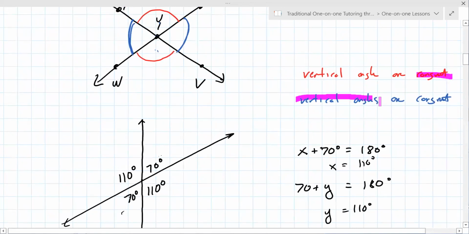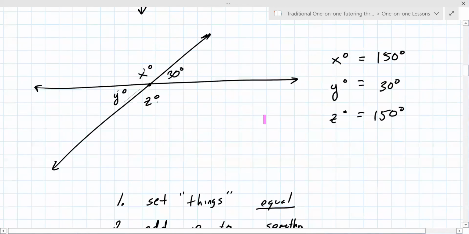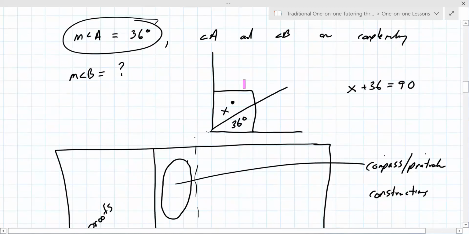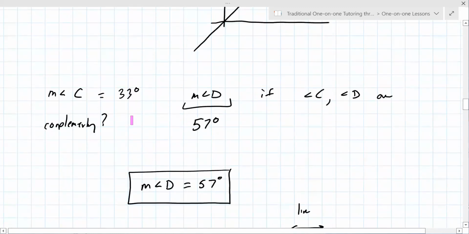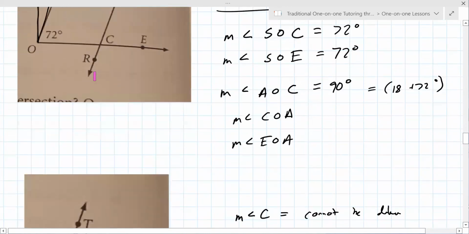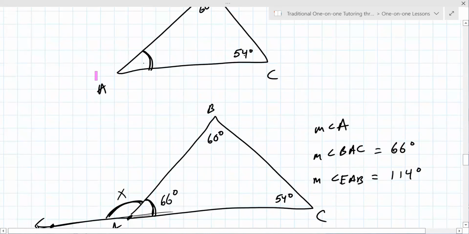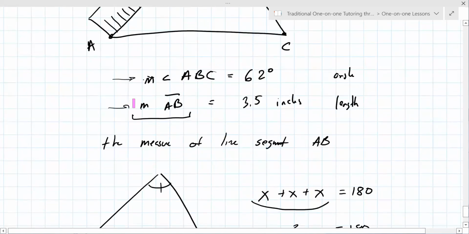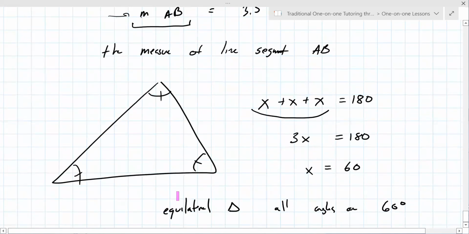We didn't define it, but congruent means the same. Complementary, supplementary, equilateral triangle. Yeah, that'll do it.